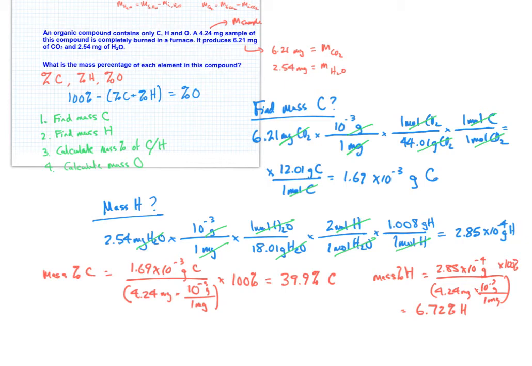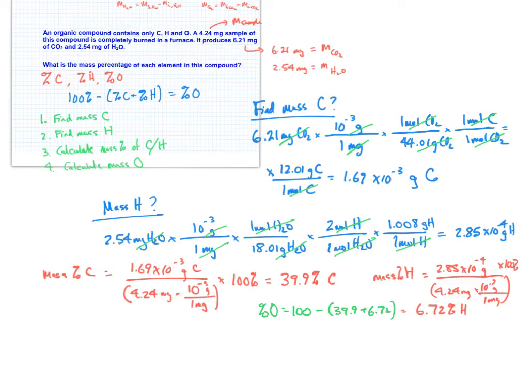Okay, so we're looking for the mass percent of each element. Well, so far we have found the mass percent of carbon. We've also found the mass percent of hydrogen. How do we find the mass percent of oxygen? The way we do that is we recognize that the percent of oxygen is going to equal 100 minus (39.9 plus 6.72).